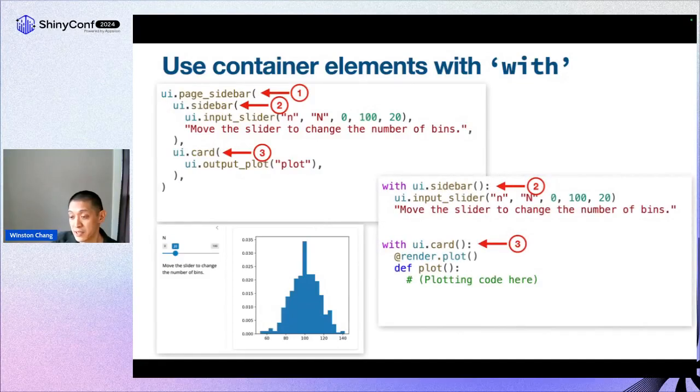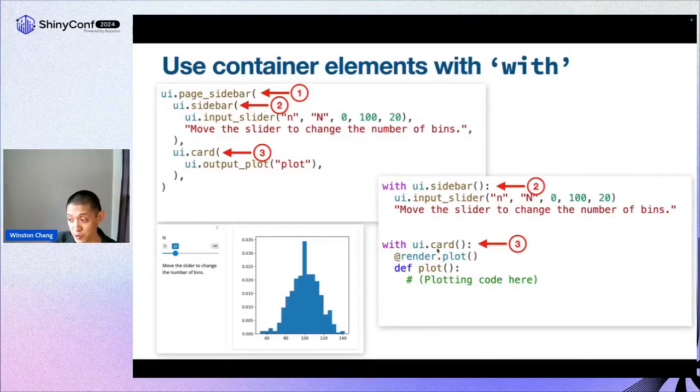The corresponding Shiny Express code looks like this. So for number 2 here, the sidebar, instead of just calling UI sidebar, we use the with keyword here. We say with UI sidebar, colon, and then everything inside of this indented block will be put inside of the sidebar.